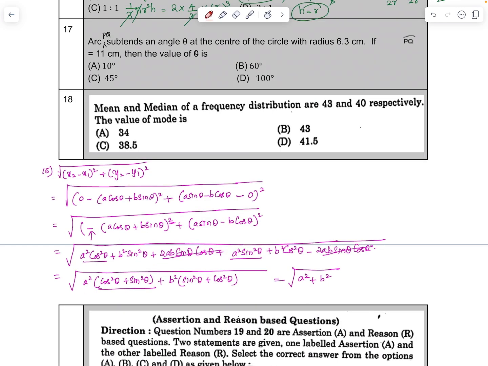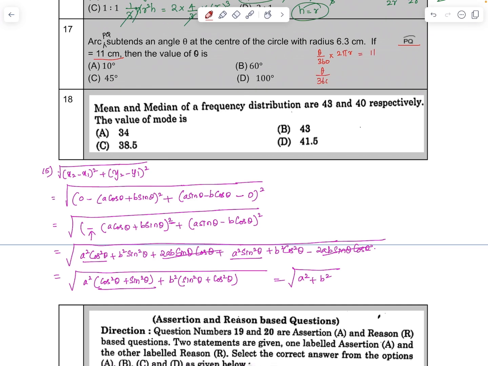Question number 17. Arc PQ subtends an angle theta at the center of the circle with radius 6.3 centimeter. If the length of the arc is 11 centimeter, then the value of theta is. So length of the arc formula is theta upon 360 into 2 pi r, which is equal to 11. Theta is what we have to find out.